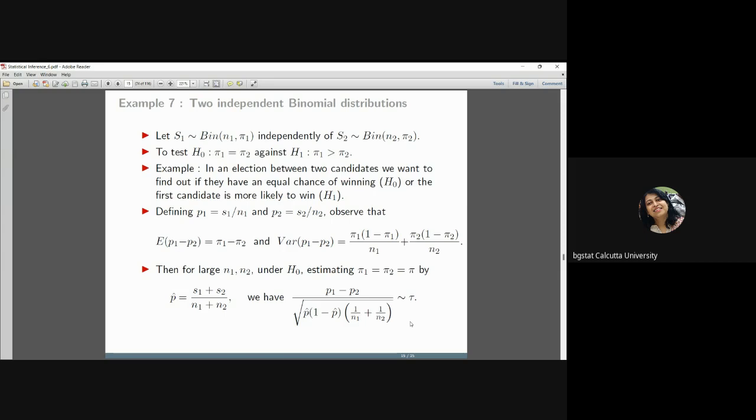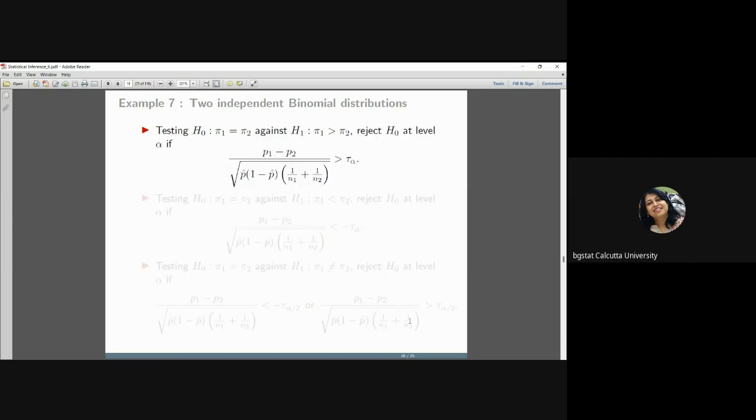That's exactly what P hat is. It is the estimate of the common probability of success if the null distribution was true. In the numerator, it's the total number of successes, and in the denominator, the total number of trials: S1 plus S2 divided by N1 plus N2.